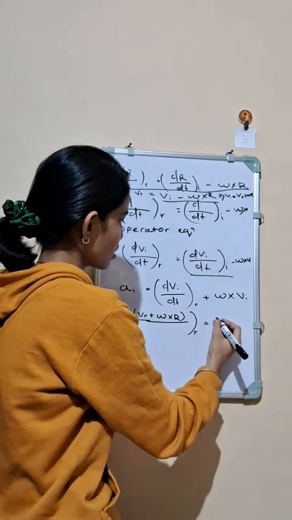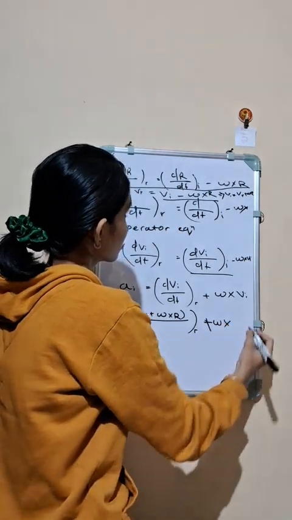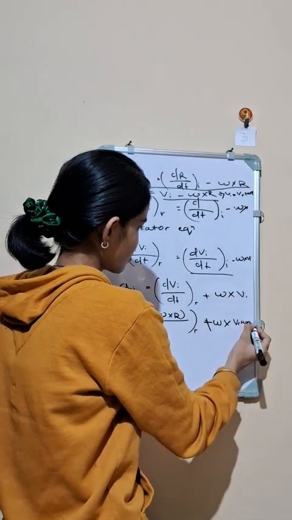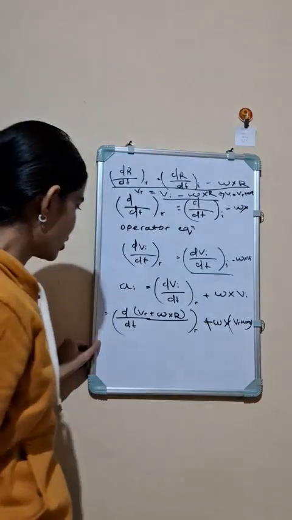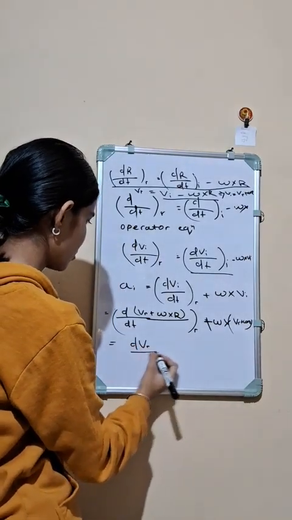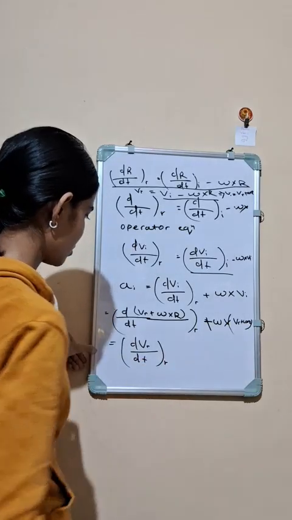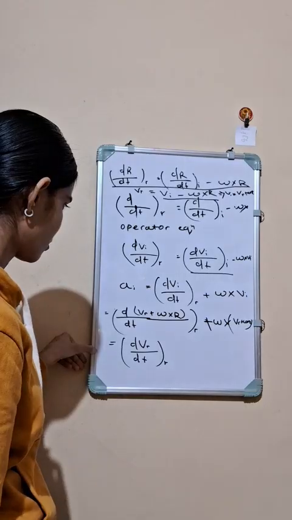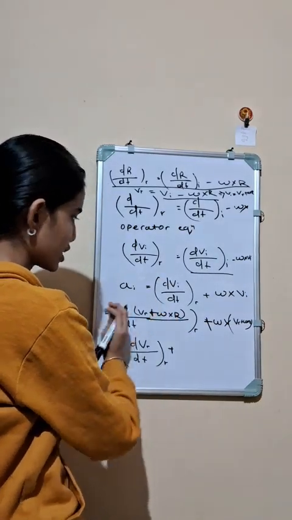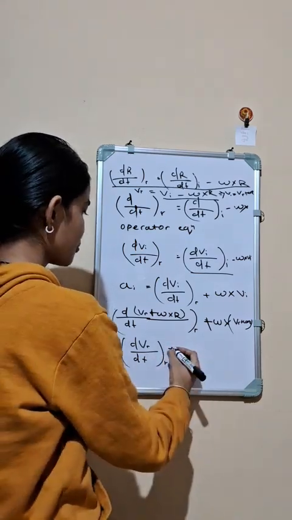equals d by dt of vr plus omega cross r, which equals d by dt plus omega cross, applied to vr plus omega cross r. Now we have to solve this. It equals dvr by dt as seen from the rotational reference frame, plus, here it is plus, so we can differentiate it separately and just add them up.